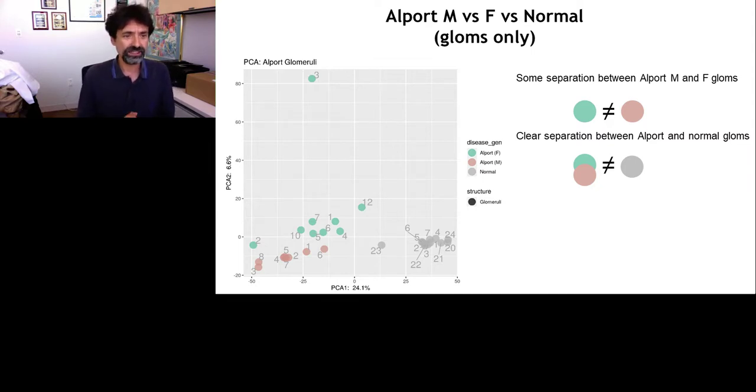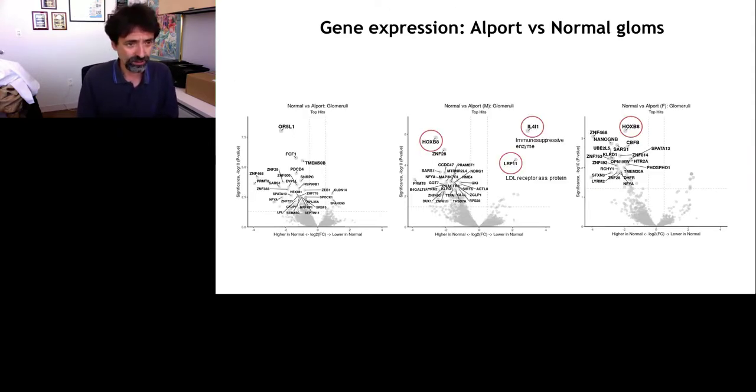And next we did these volcano plots that allow us to define the differences in the expression of genes. On the x-axis, we have the fold change. So the more they are on the left or on the right side, the higher the difference in the expression between the normal versus the Alport glomeruli.